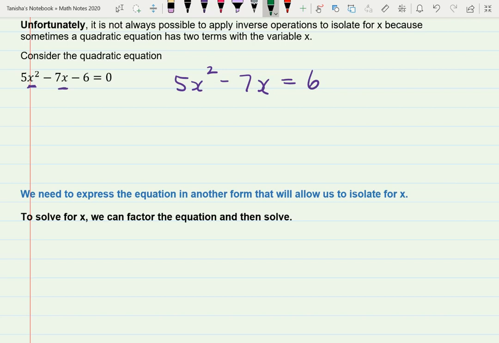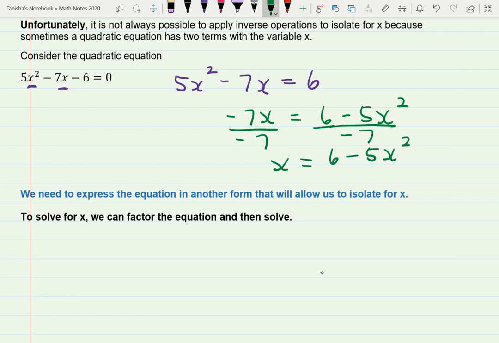Okay, let me isolate for maybe the negative 7x. Okay, so I'm going to move that 5x squared over, 7x equals 6 minus 5x squared. Okay, let me divide both sides by negative 7. x is equal to 6 minus 5x squared over negative 7. Okay, what's that value?